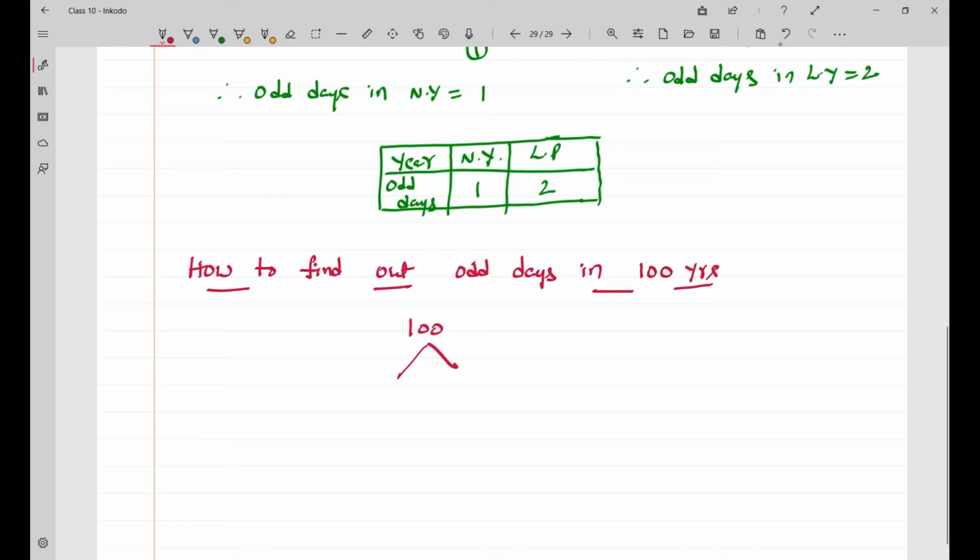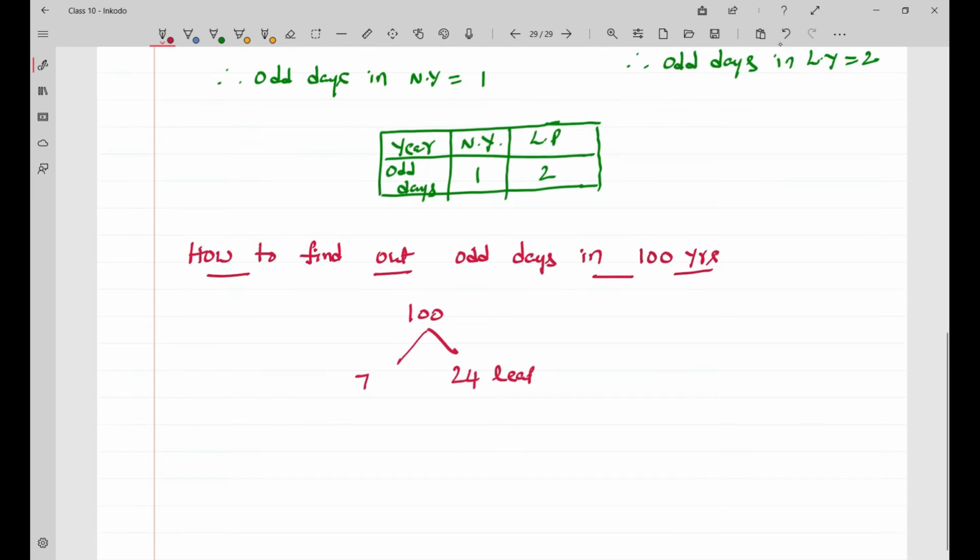When 100 is divided by 4, we will get 25 as quotient, but the 100th year is not a leap year. That's why there are 24 leap years and the remaining are normal years. There are 76 normal years.